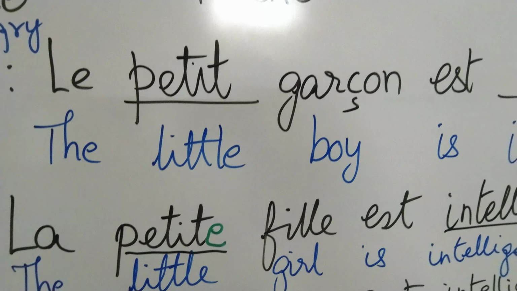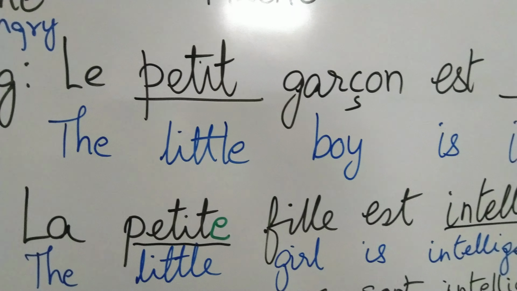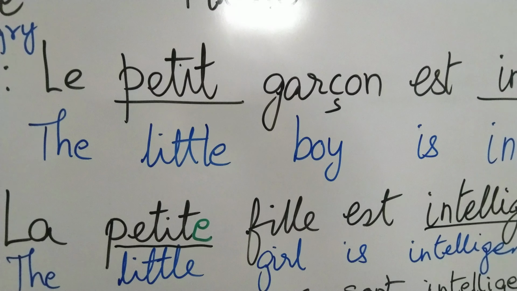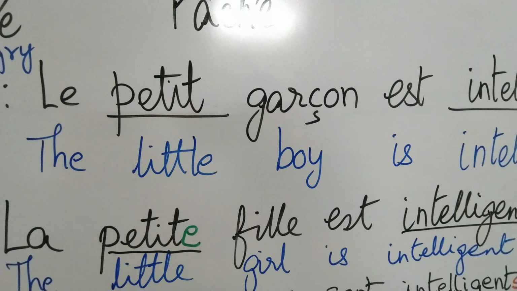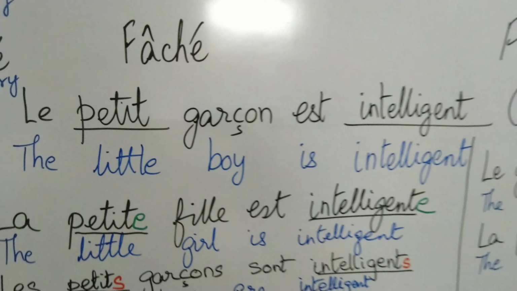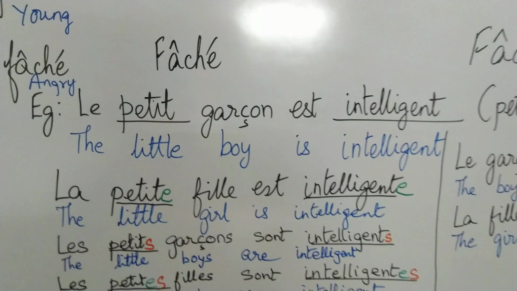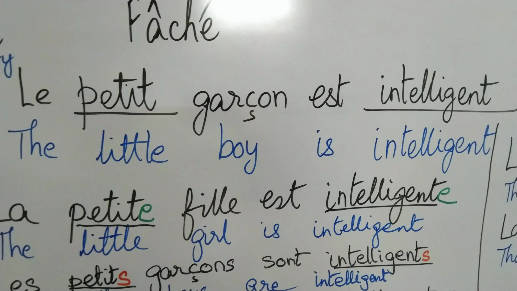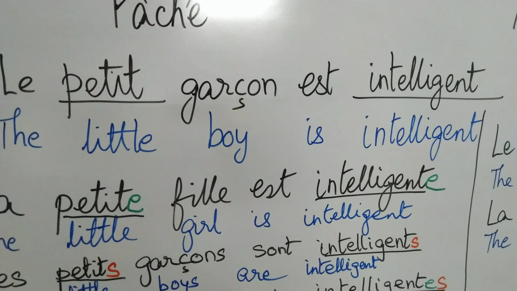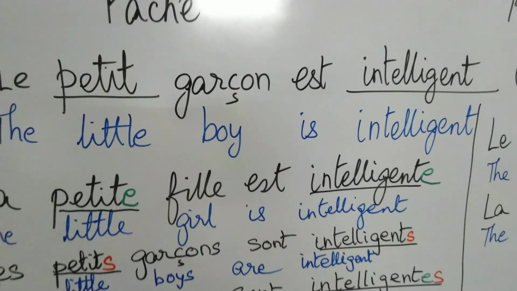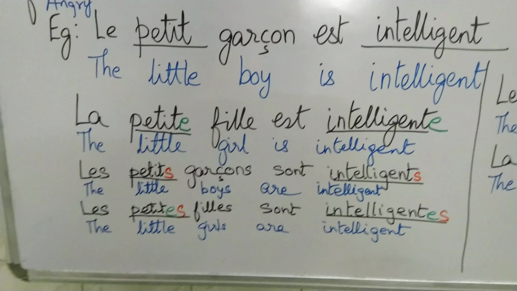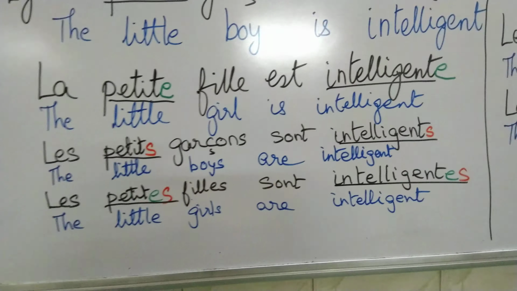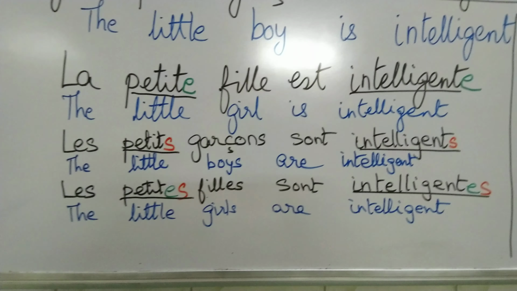So when the noun is masculine singular, then your adjective or adjectives also have to be in the masculine singular form. So take the adjective as it is and put it into the blanks. So le petit, P-E-T-I-T, garçon est intelligent, I-N-T-E-L-L-I-G-E-N-T.